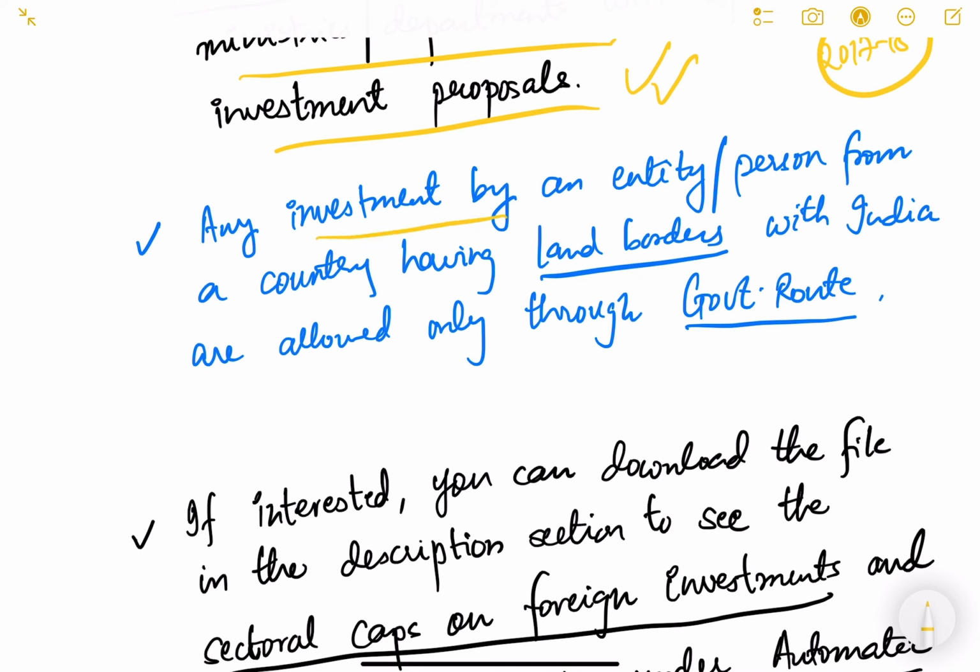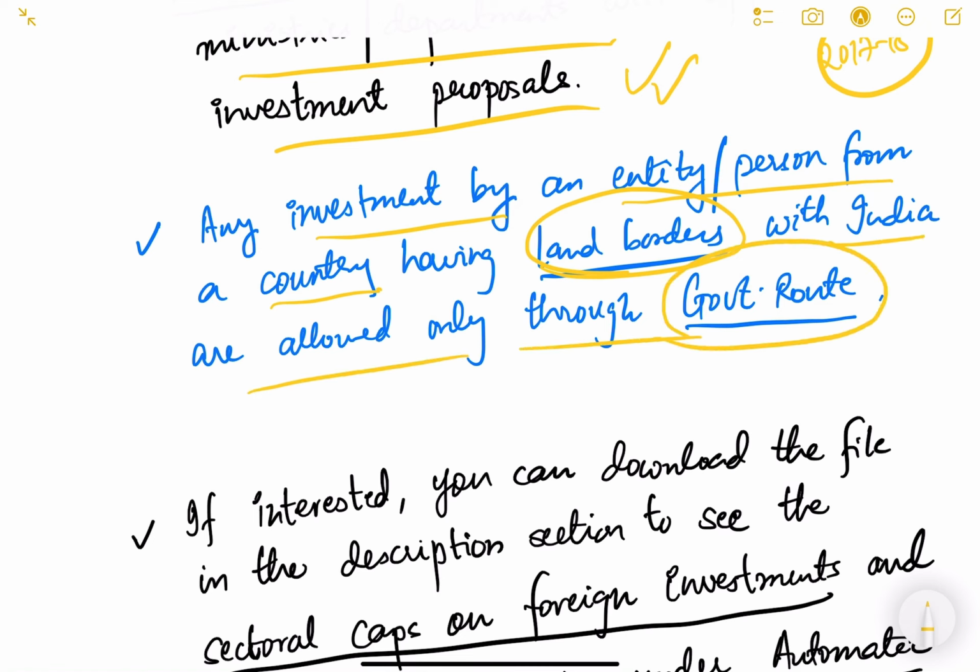Now any investment by an entity or person from a country having land borders with India is allowed only through the government route. So even if a sector is open through the automatic route, investment is not allowed through it for entities or persons established in countries which have land borders with India.